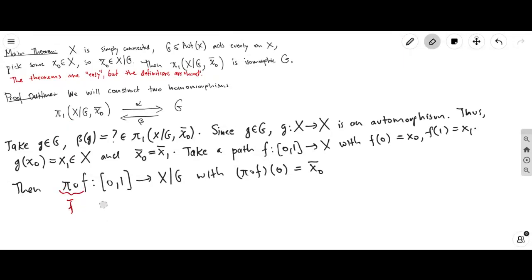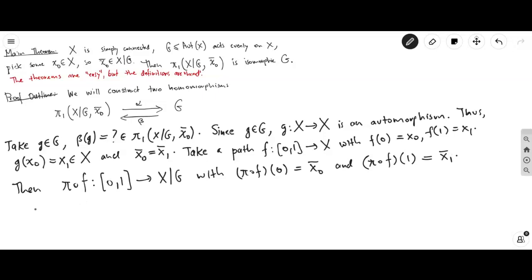This is the same mapping as before, but it's being mapped not into X, it's just sending everything to the mod classes. But anyway, pi composed with f at 0 is just the mod class of x0. And pi composed with f of 1 would be x1 bar.